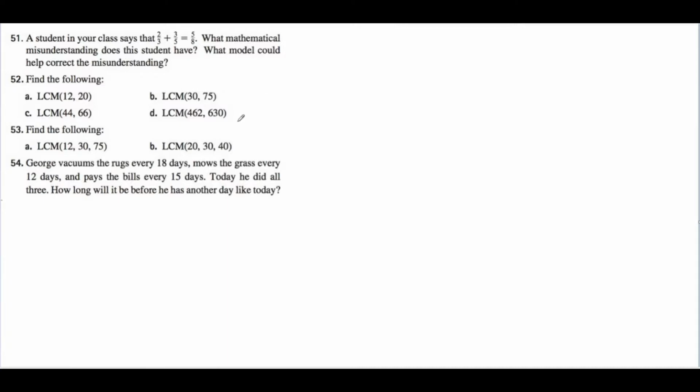So if we have 2/3 plus 3/5, what they have done, of course, is add 2 plus 3 is 5, and they've added 3 plus 5 is 8. So they aren't getting the fact that you need a common denominator between the 3 and the 5.